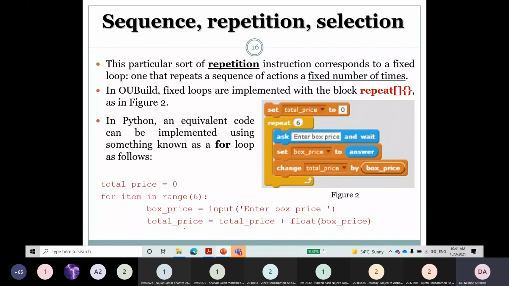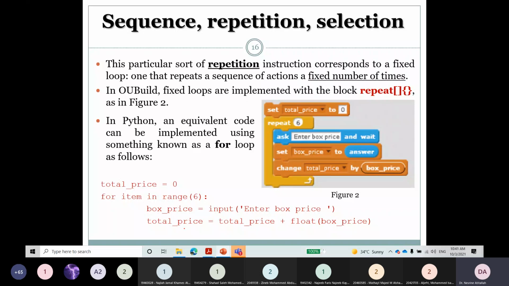You set the total price equal to 0, and for item in range 6, which means item will go from 0 to 5, so 6 times. The box price will equal the input box price, and the total price will be equal to the total price plus float of box price.